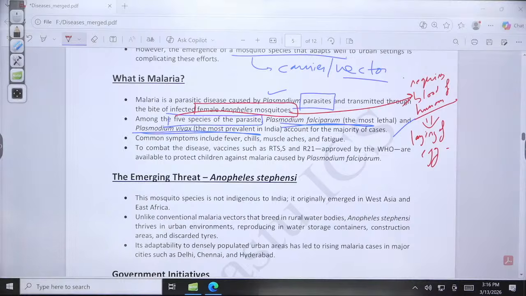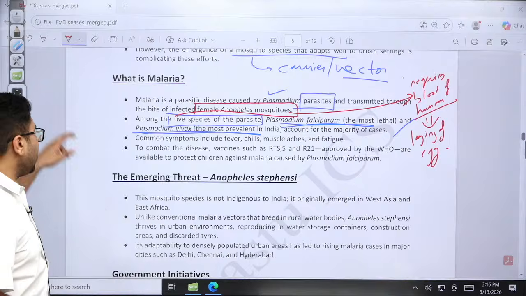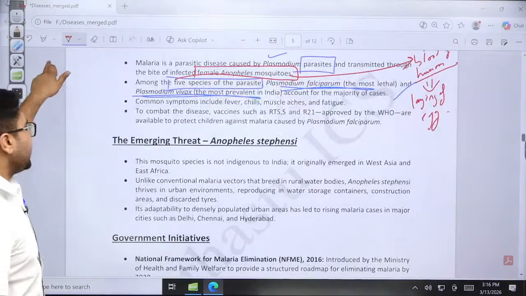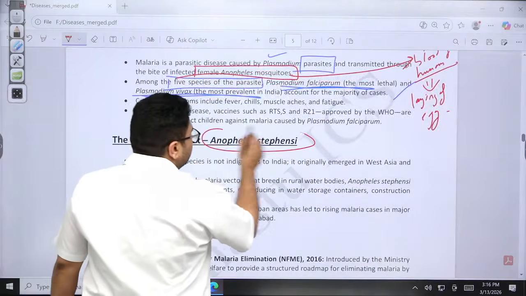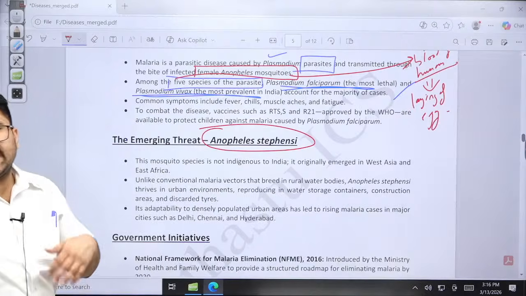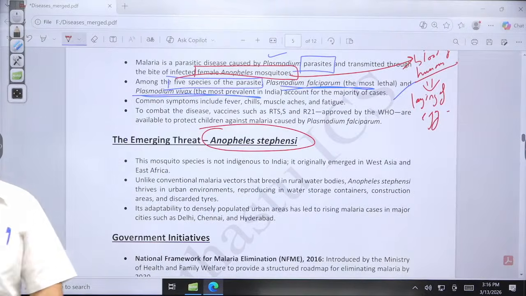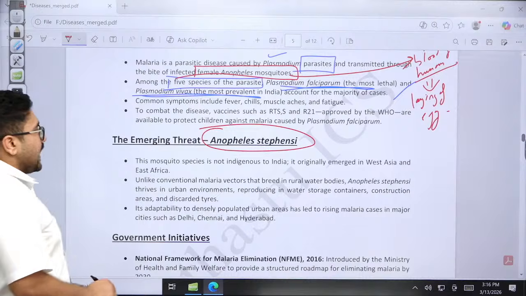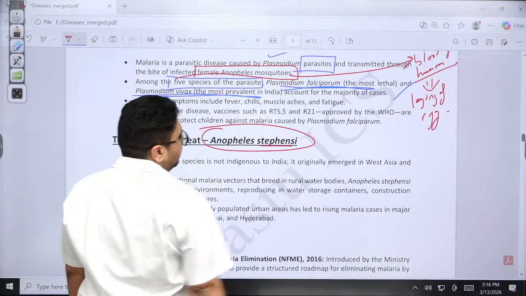If they are not able to carry the parasite, they will not be able to spread malaria. The problem is that a new species of mosquito has evolved, known as Anopheles stephensii.